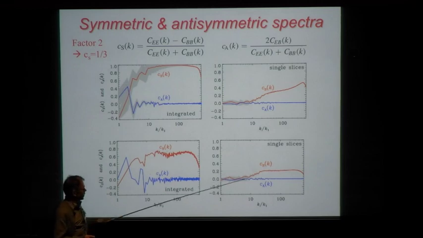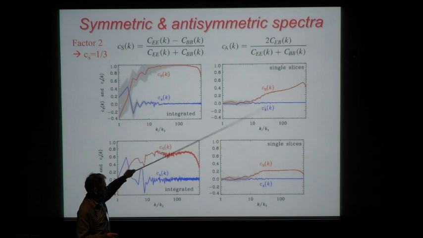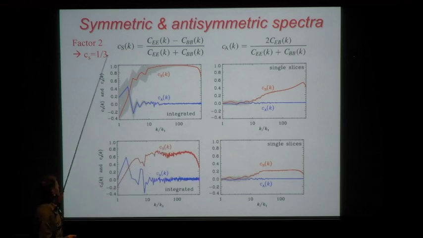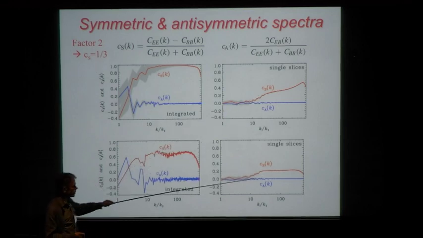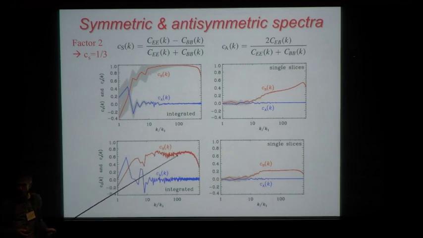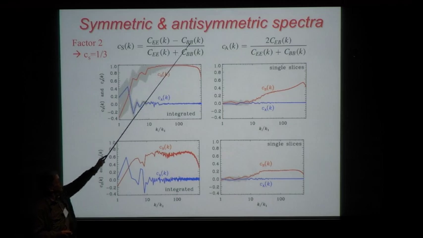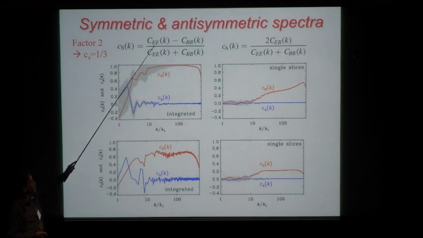So we see here that the individual slices have something close to 1/3, corresponding to close to a factor of 2 excess. But once you integrate, you begin to have a much stronger signal in the E over B. And that's why this ratio becomes close to +1.